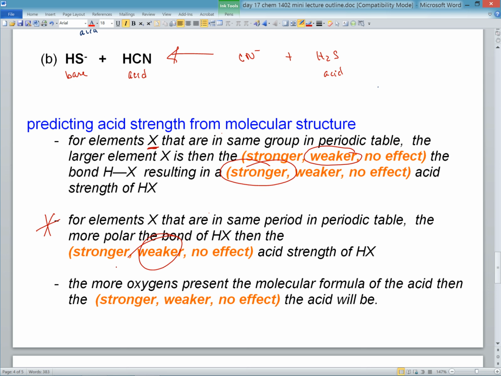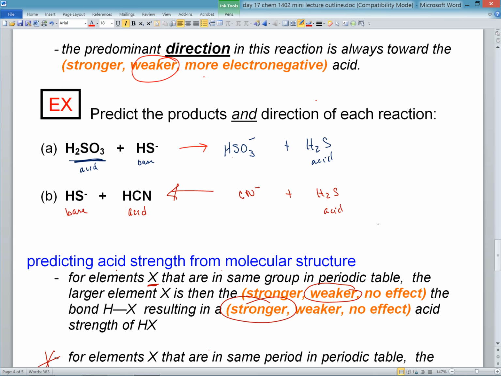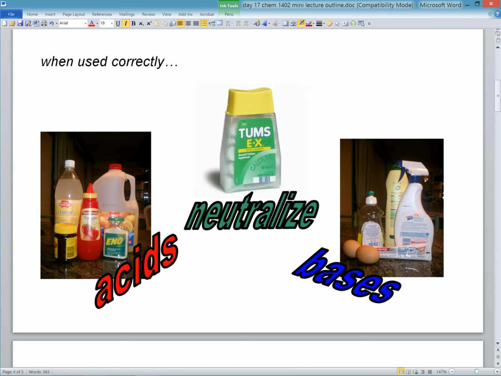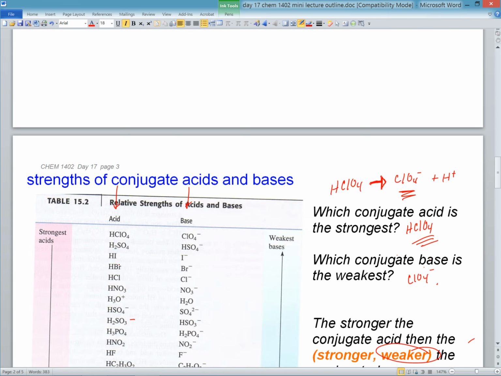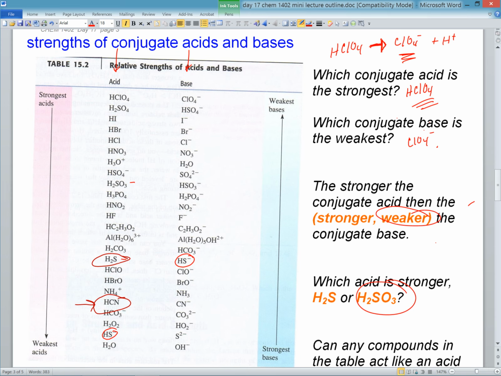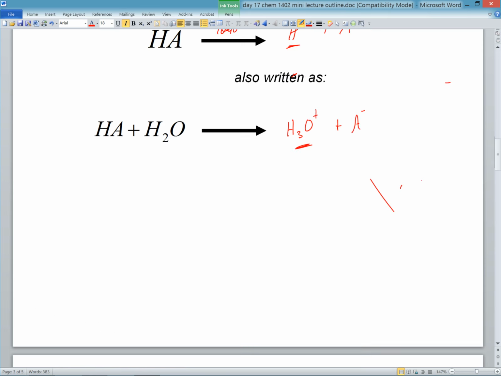Okay. Last one, the more oxygens. Now, Victor, before you answer this question, the more oxygens present, the what the acid? Take a look at that list of strong acids. Where did they go? You missed something. Right there. No strong acids. Oh, you keep going.